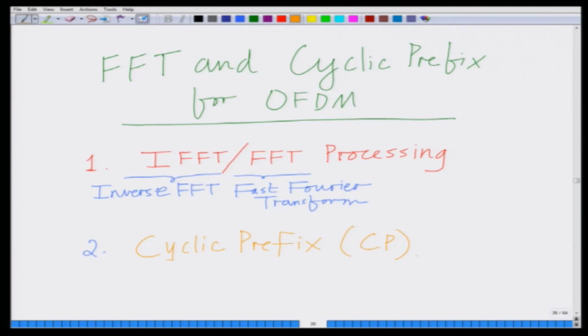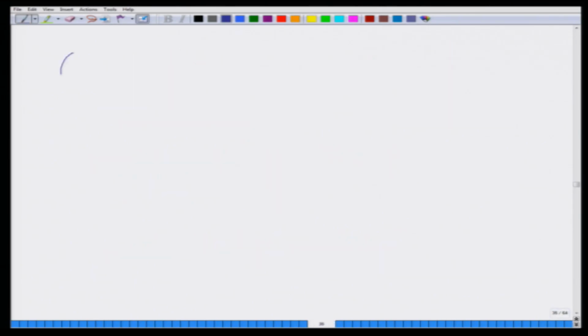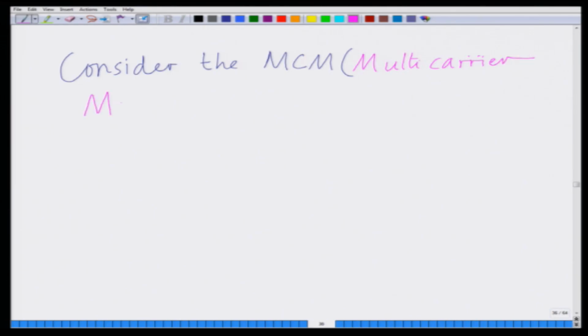Okay. So now let us go back to our transmitted signal. So consider the MCM signal. Let us go back to our multi-carrier modulation signal. I hope everyone remembers MCM stands for multi-carrier modulation.